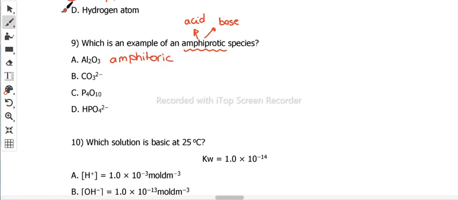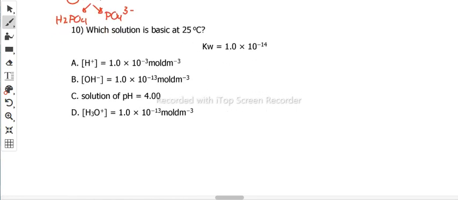There is no proton donor and proton acceptor. Going through the choices, which one can donate and at the same time can accept? It's the D answer. It can accept, forming H2PO4 negative, or it can donate in order to form PO4 3 negative.